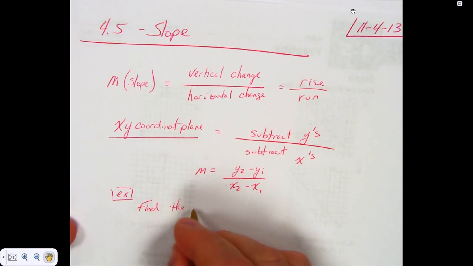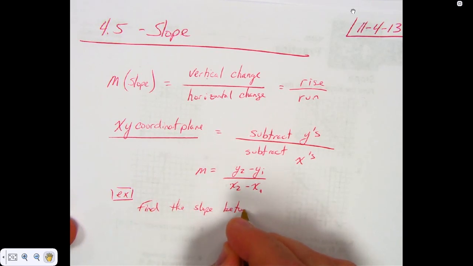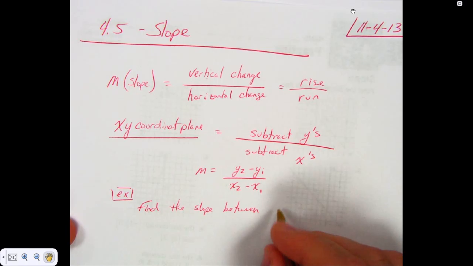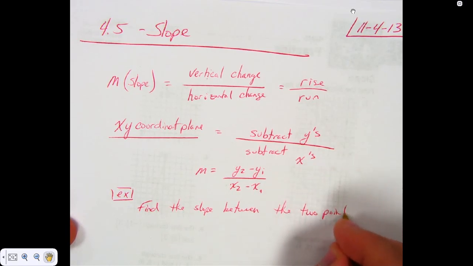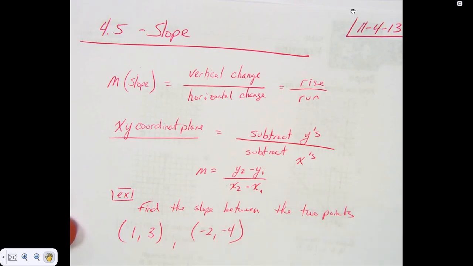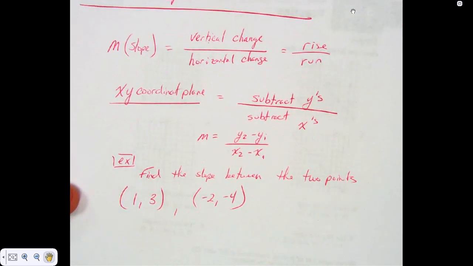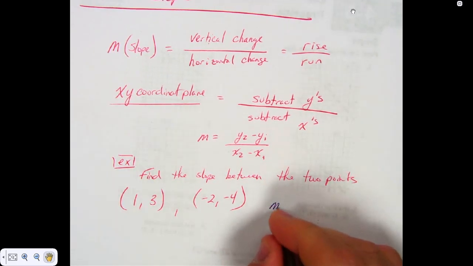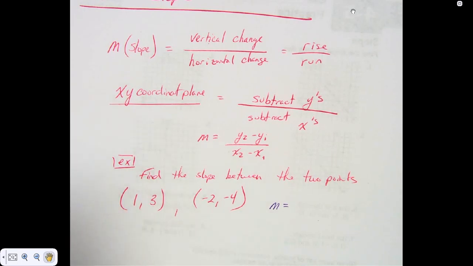It says find the slope between the 2 points, 1 comma 3, and we'll say -2 comma -4. To find the slope here, it doesn't matter what X or what Y you put first, as long as you put the corresponding X and Y first on the top or the bottom.